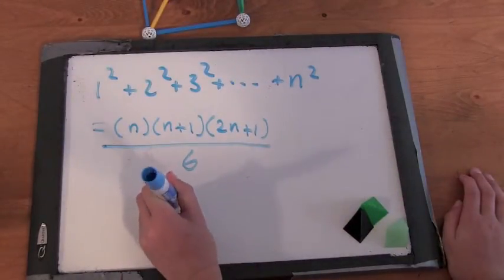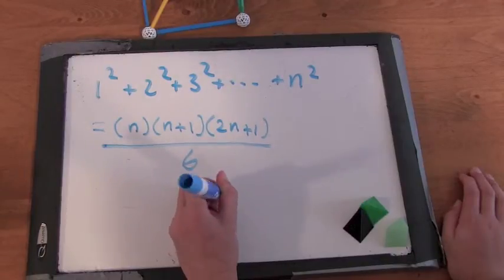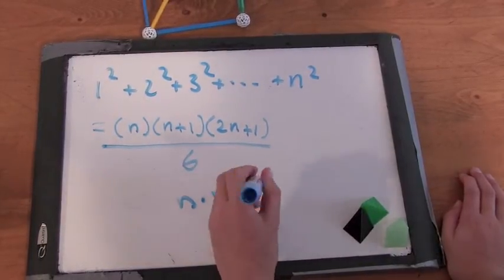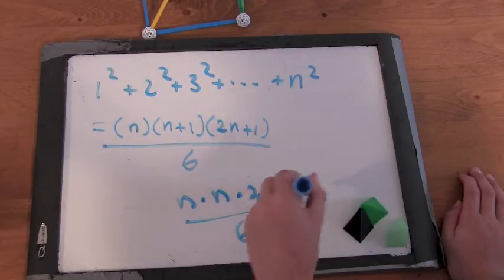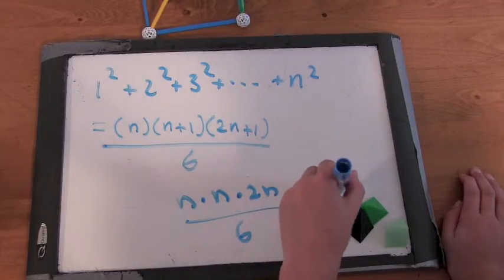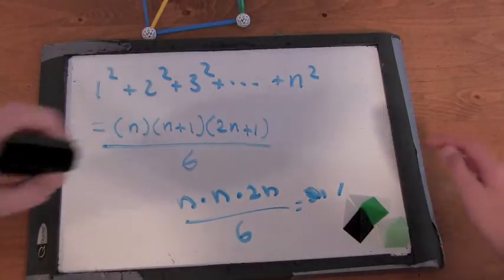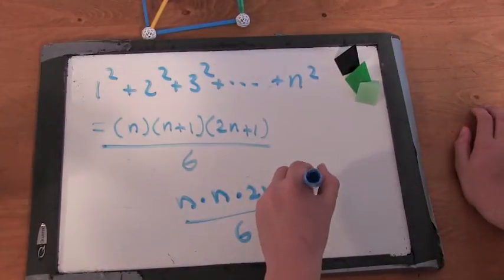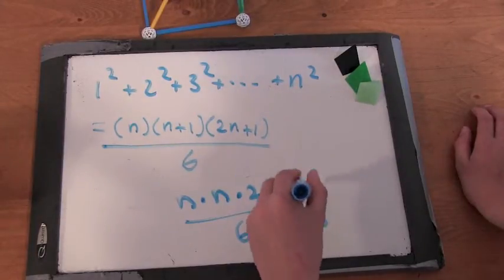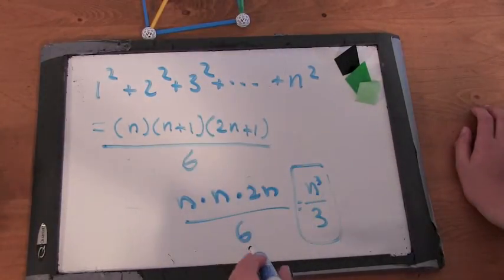So it's going to look like n times 2n times n over 6, that's n cubed over 3.